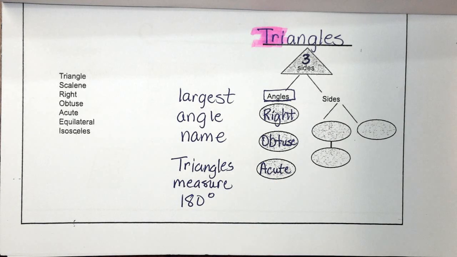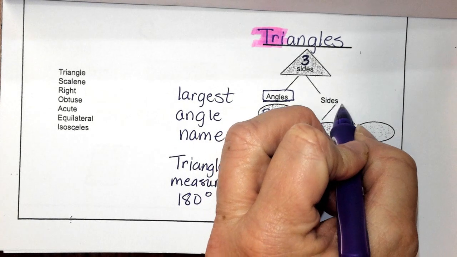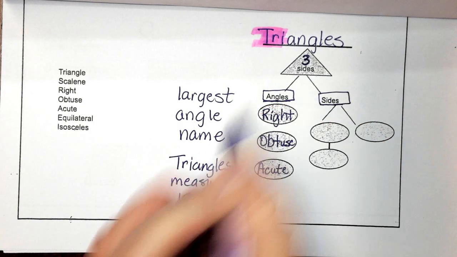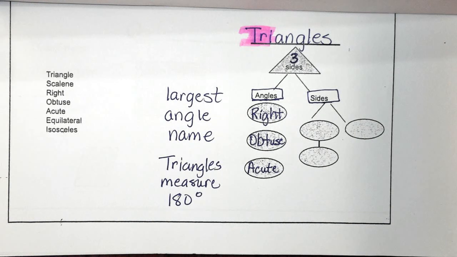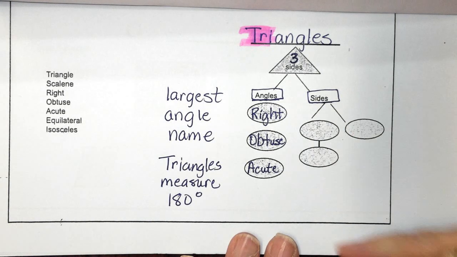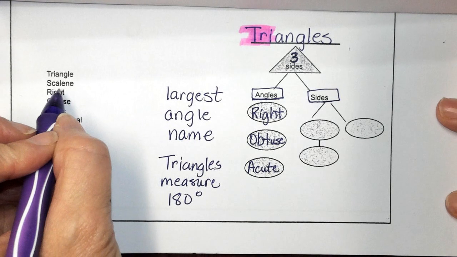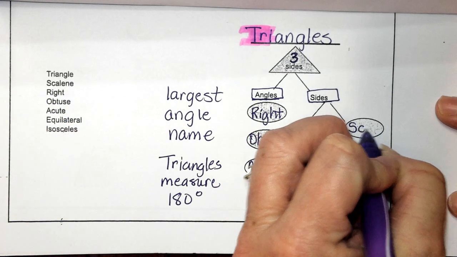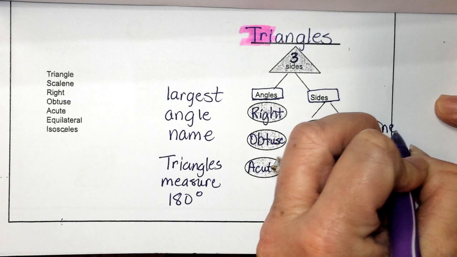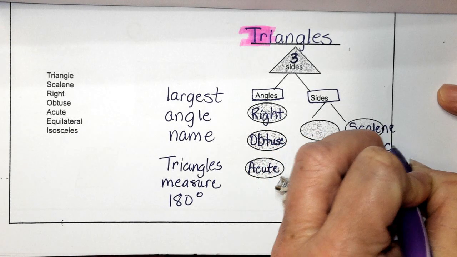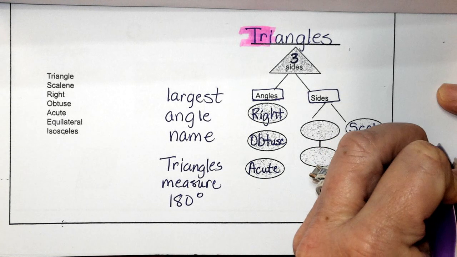Okay? Now, over on this side, we have our side names. Where we put these names is very important because in 5th grade, you are expected to know the hierarchy of the triangle names. And so when we start, we're going to start over on the right with the one that's kind of isolated by itself. And this type of triangle is called a scalene. A scalene triangle has no congruent sides.